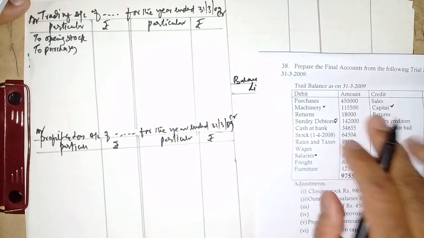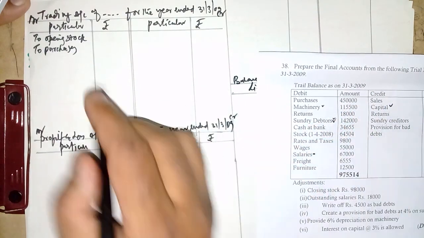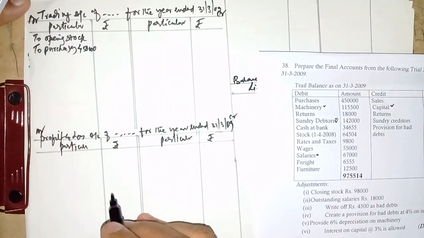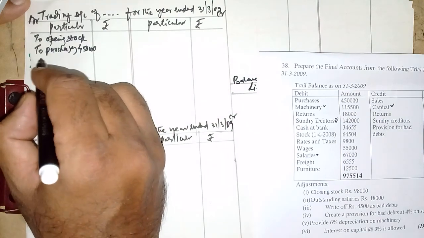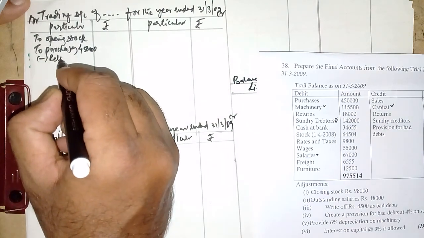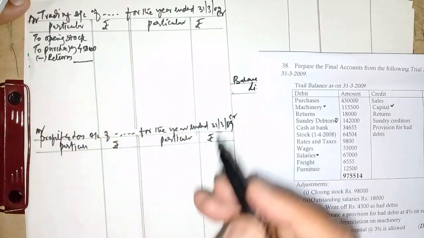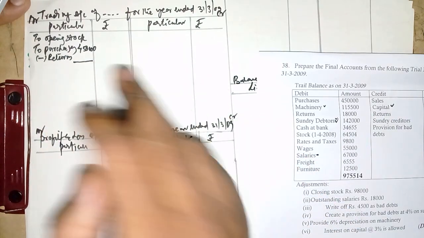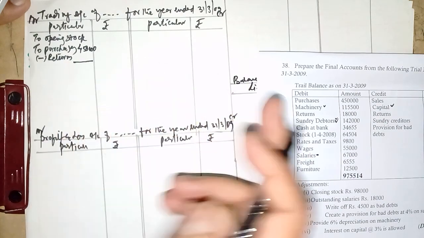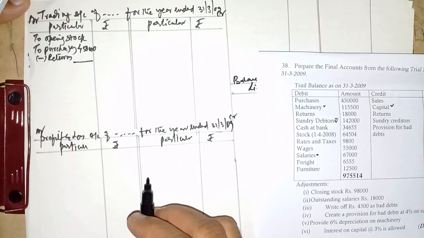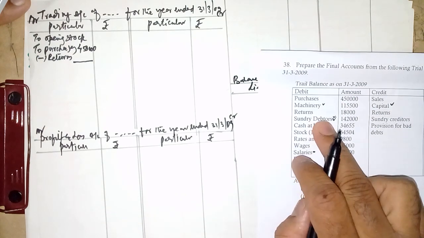The amount of purchases is 4,50,000, so we write 4,50,000 in the inner column, and there itself we write returns, leaving the appropriate place and drawing the line. Whenever returns come, we will write them. If there are no returns, we put a dash and write the amount in the outer column, 4,50,000.